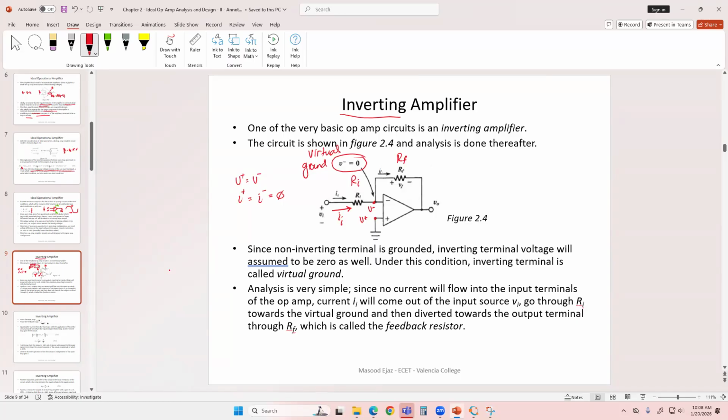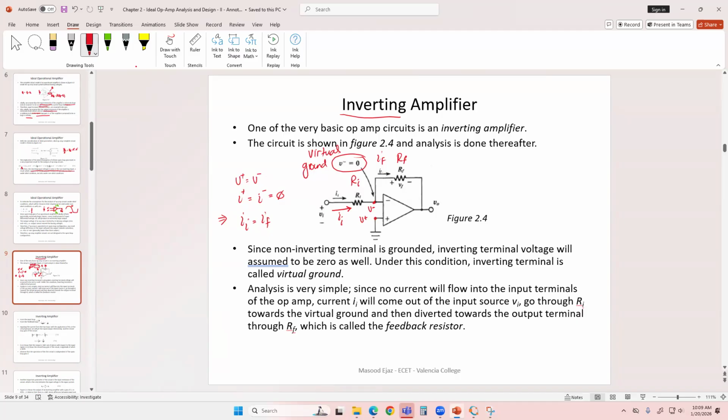So I input is equal to IF. If you apply KCL at the inverting input, then I input will be equal to IF because no current is going in; I negative is equal to 0.